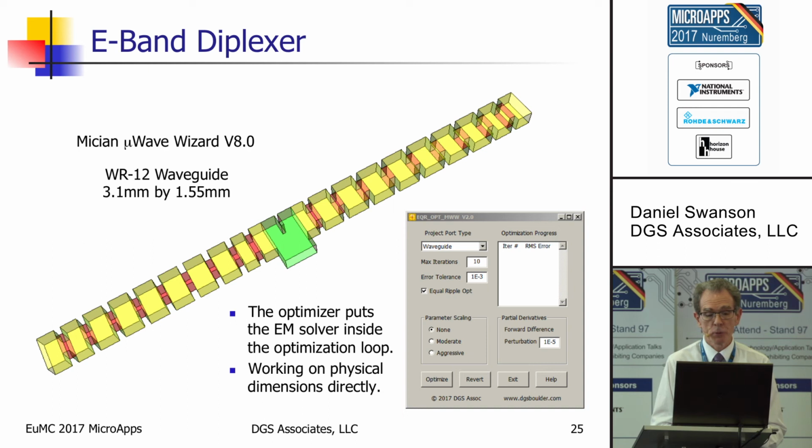And I've actually ported the optimizer to Wizard, and now it's talking to Wizard, and it's directly modifying the dimensions of the filter. It's putting the optimizer inside the optimization loop.